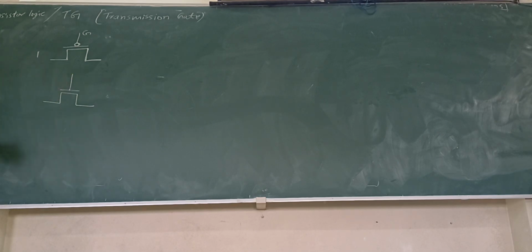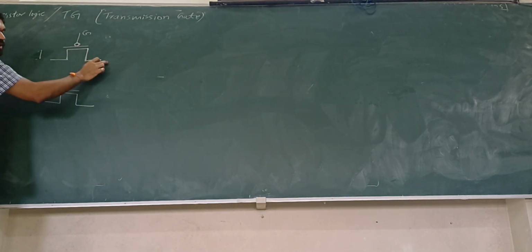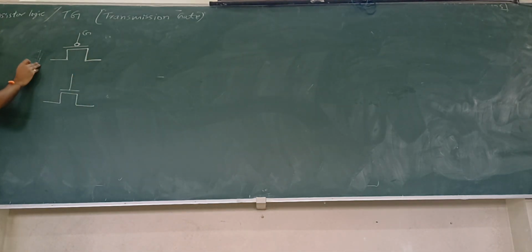Pass this logic 1, meaning what? Here I have 5 volts or 3 volts, in general 1 or high, and that voltage should reach the other point. Say I have 5 volts only.